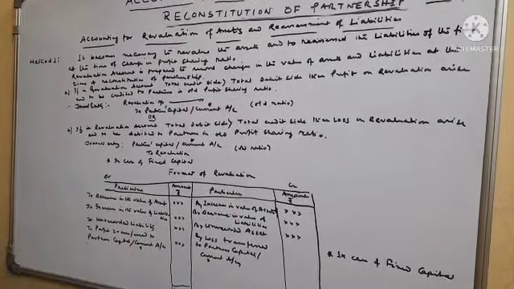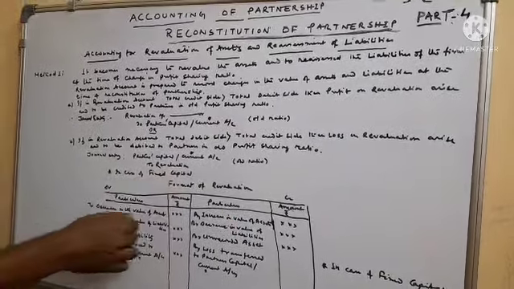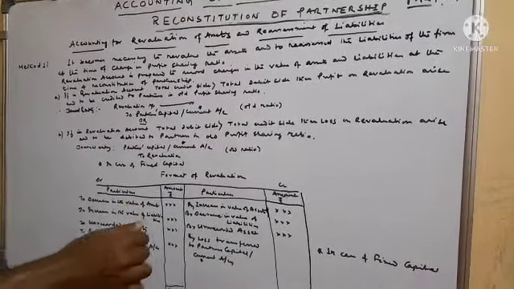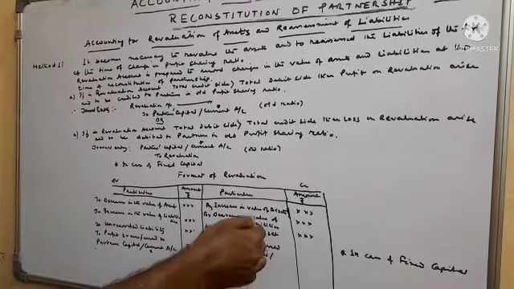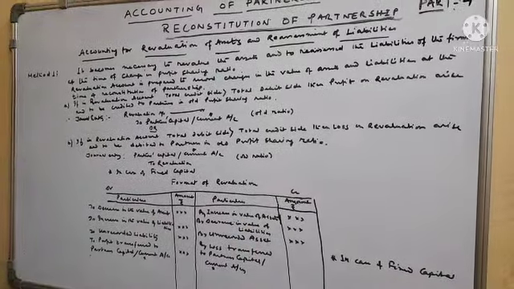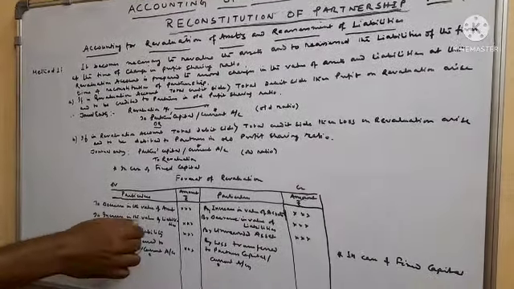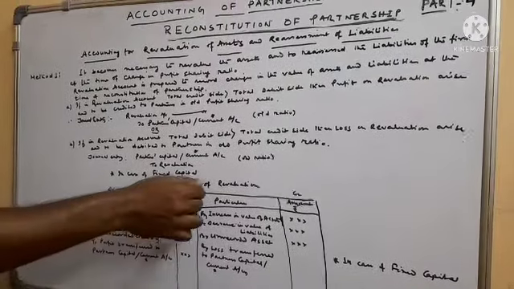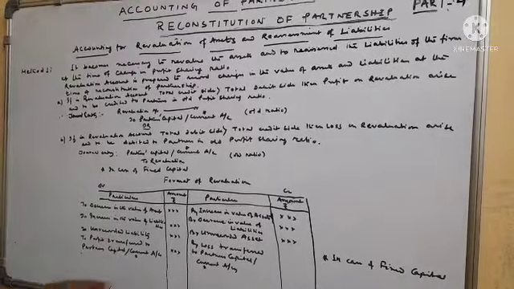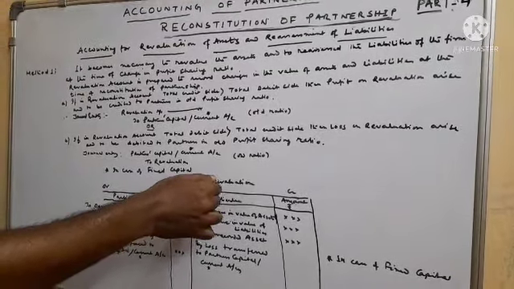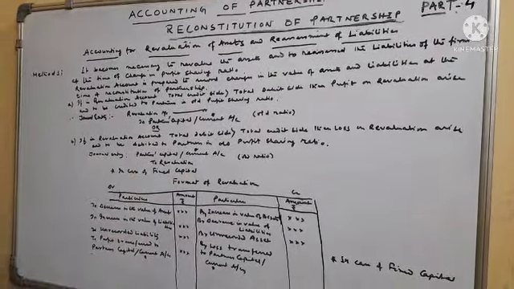For decrease in the value of asset, it will be revaluation to assets. In case of reassessment of liability, decrease in the value of liability, general entry will be liability to revaluation. For increase in the value of liability, general entry will be revaluation to liabilities. For unrecorded liability, general entry will be revaluation to liabilities.